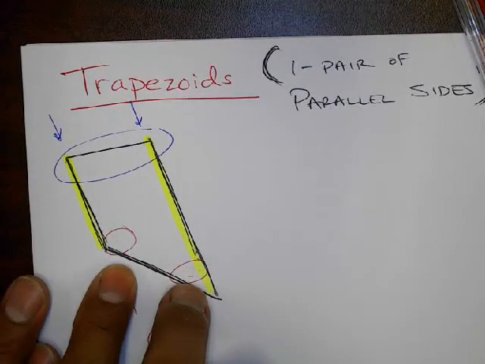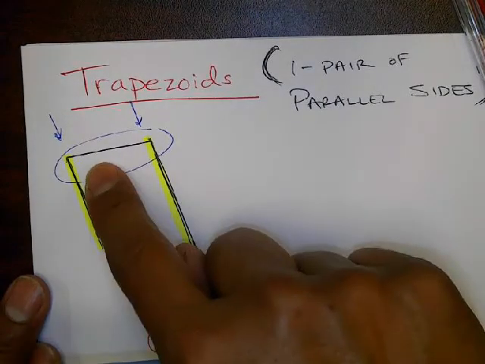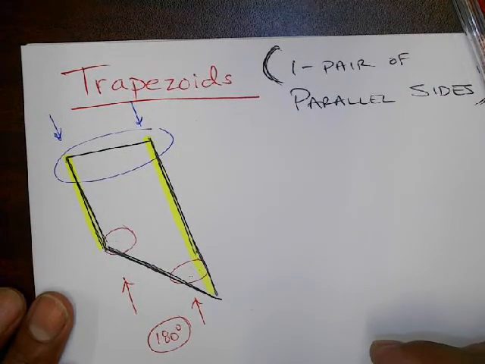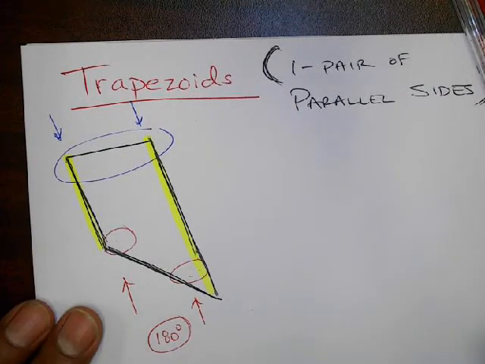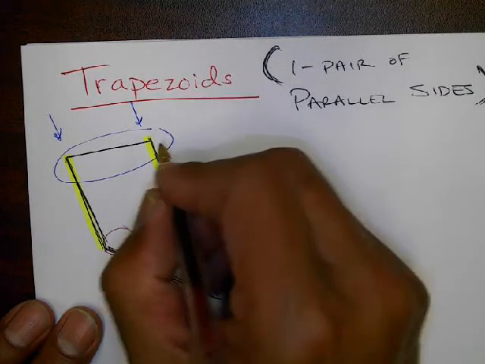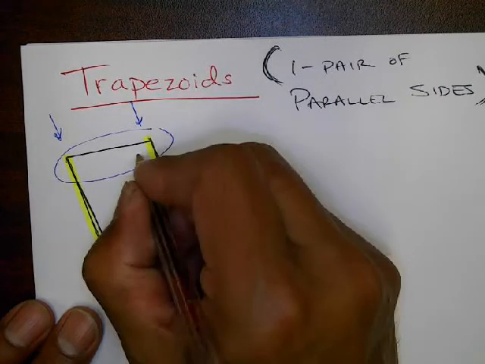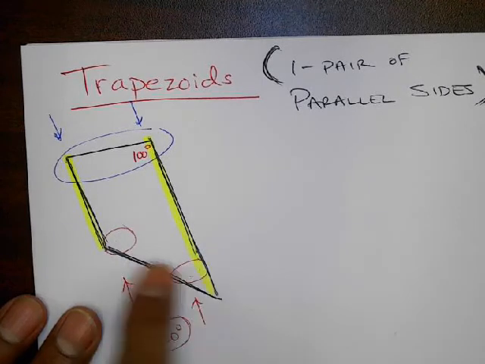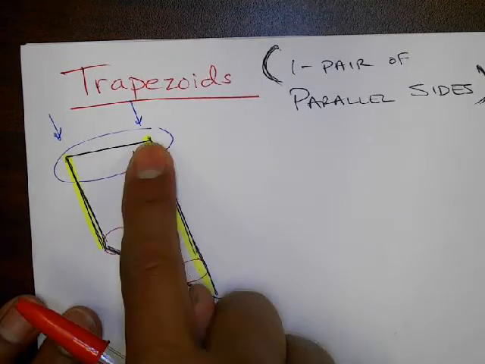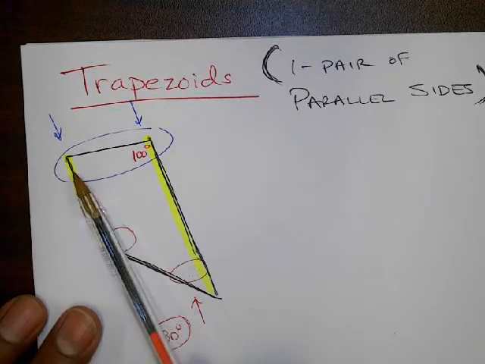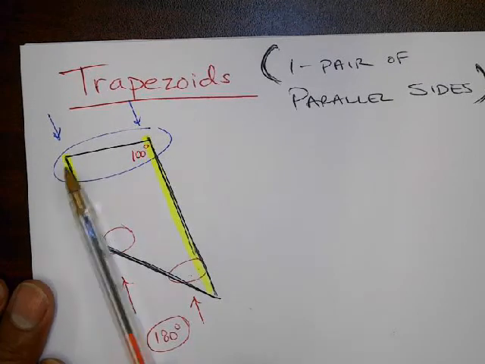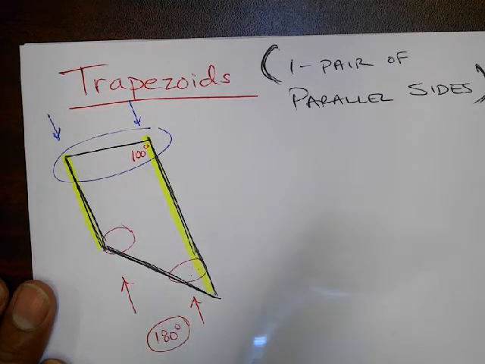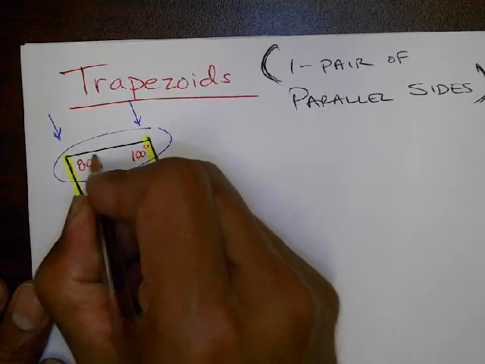And the measures of these angles are independent, they have nothing to do with these other angles over here. Let's say this can be like 100 degrees, and that has nothing to do with these others over here. This only has some relation to this one because of the parallel lines in this way. These will add up to 180, okay.